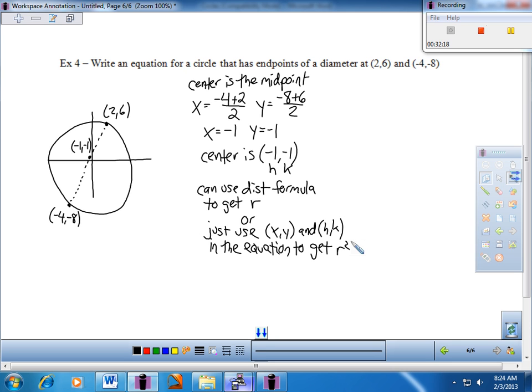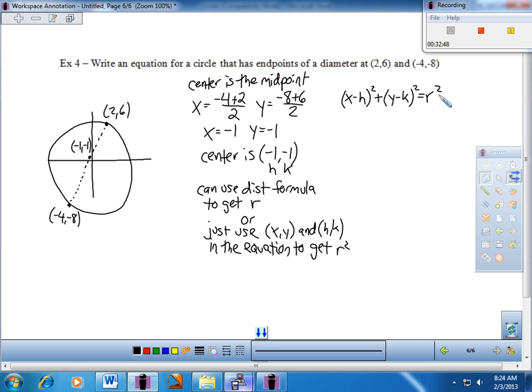But basically, in my equation for the standard form of the equation of a circle, I have an x and a y, and I have an h and a k, and the only thing I'd be missing is the r squared. So here's what I mean by that. If you want to go more formal on the distance formula, so be it. But basically, as you can see, there's the equation.